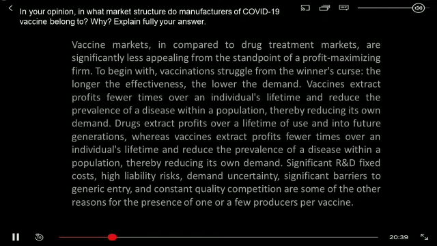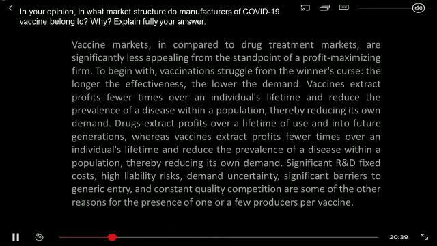To begin with, vaccinations suffer from the winner's curse. The longer the effectiveness, the lower the demand. Vaccines extract profits fewer times over an individual's lifetime and reduce the prevalence of a disease within a population, thereby reducing their own demand.